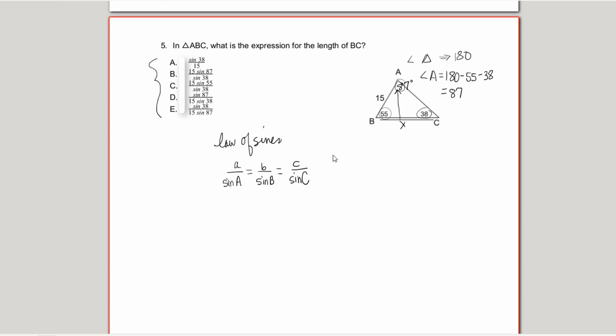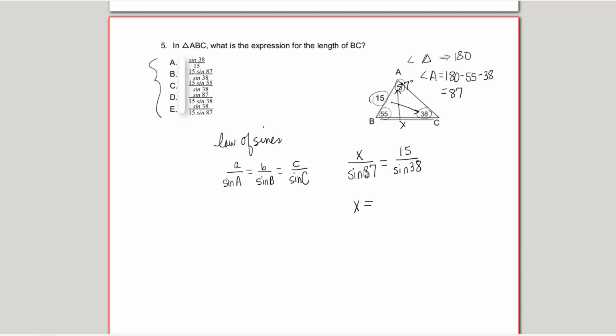Now we can make use of our law of sines here. And so we're going to say side length X over sine of 87 is equal to, since we're given this length of 15, we need to use the angle that's opposite it, which is sine of 38. And so that gets our proportion set up that we can now solve for X.